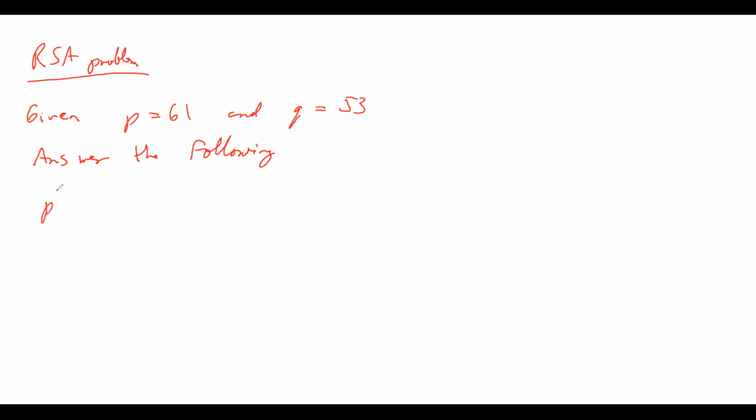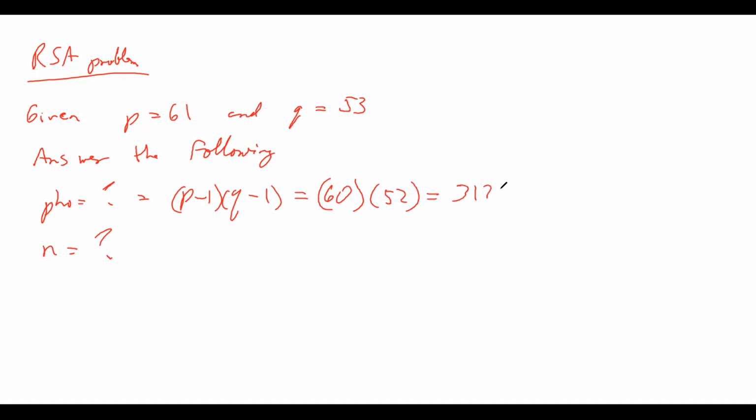So I might say, what is phi? And I might say, calculate n. I might give you those values. In the case of phi, that's pretty straightforward. That's just (p minus 1) times (q minus 1). So that's going to be 60 times 52, and that is 3120.